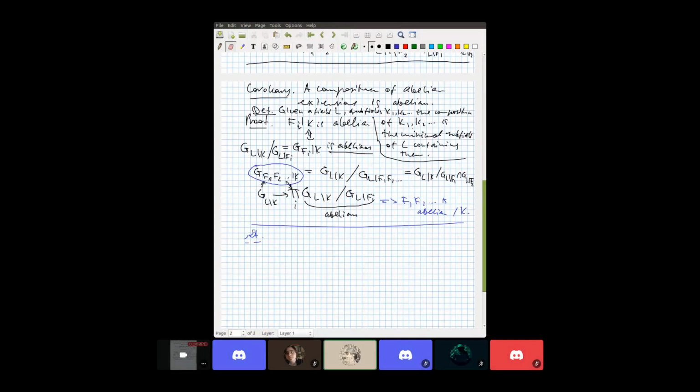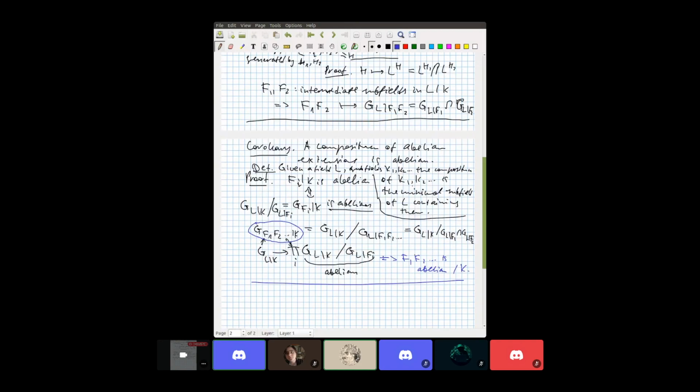Excuse me, in this corollary, how did we get that G(L over K) to G(F1, F2, and so on, over K) is an embedding? Because you see the kernel of this map phi is the intersection. Let me write this.